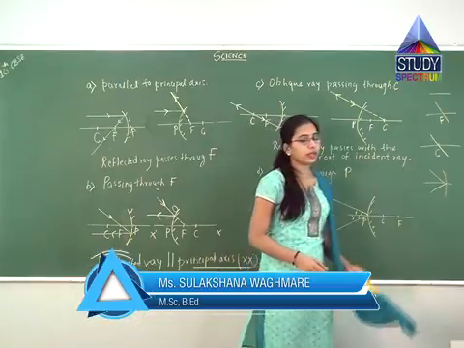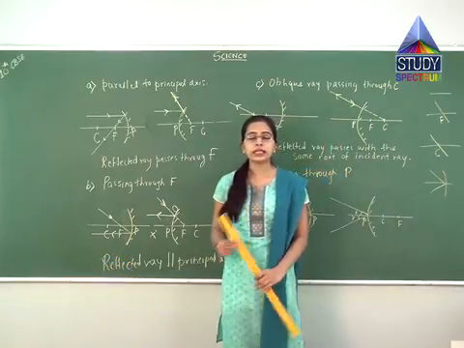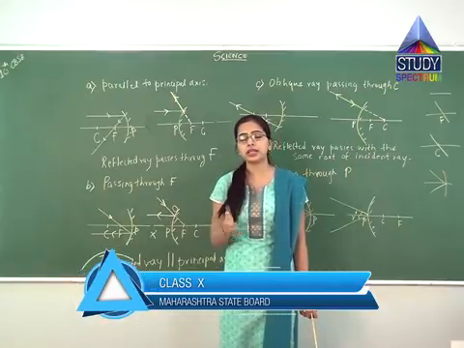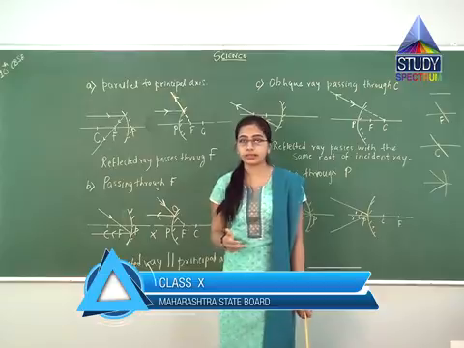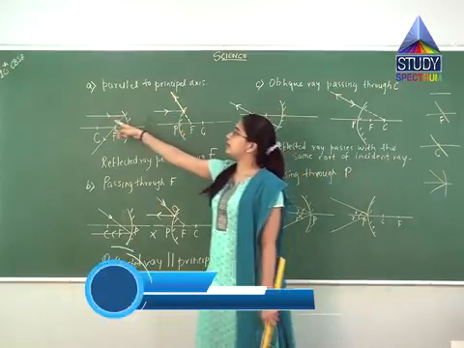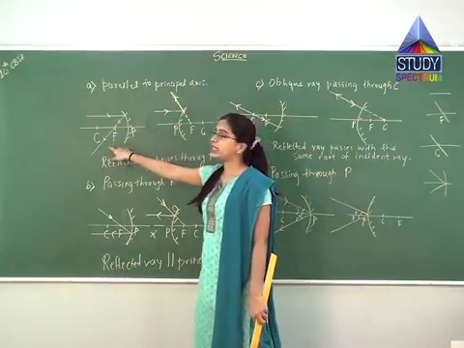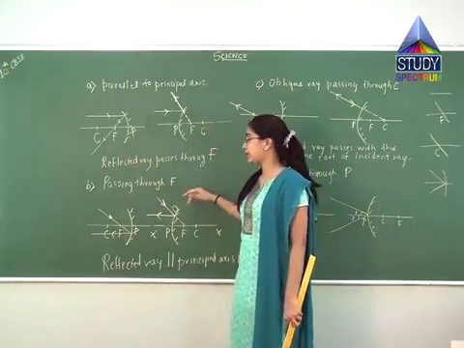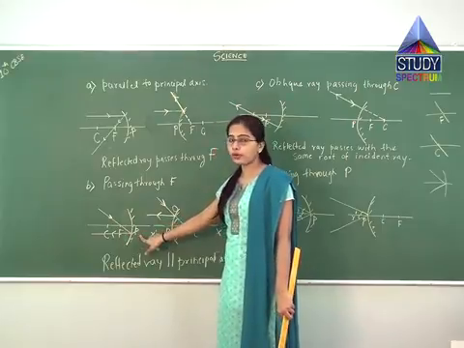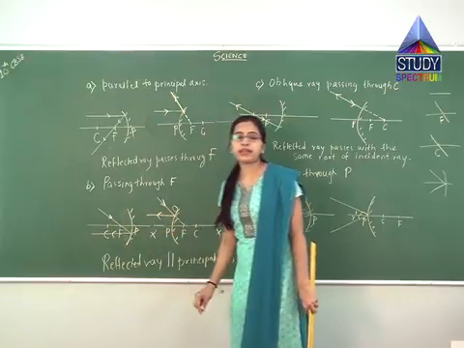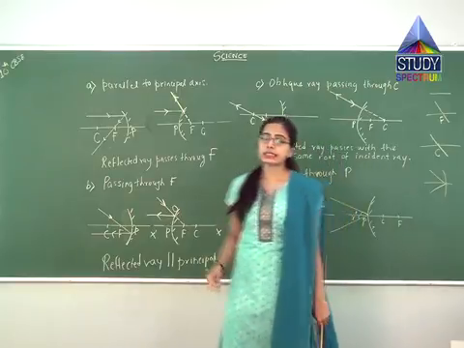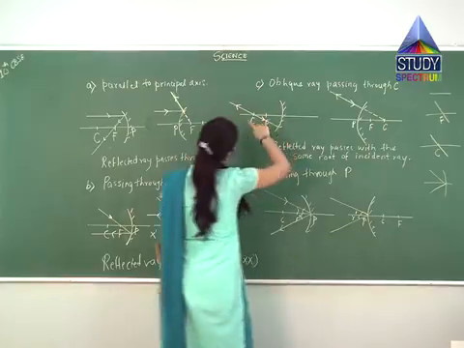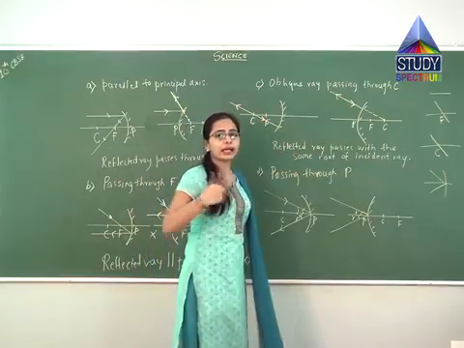So here we have studied the different cases in which incident rays have different directions, and accordingly we get the reflected rays. In the first case, the incident ray was parallel and the reflected ray was passing through the focus. The second case is the opposite of the first: the incident ray was passing through the focus and we get the reflected ray parallel to the principal axis. In the third case, our incident ray was passing through the center of curvature and it was back reflected.